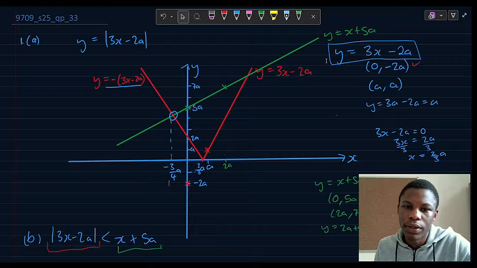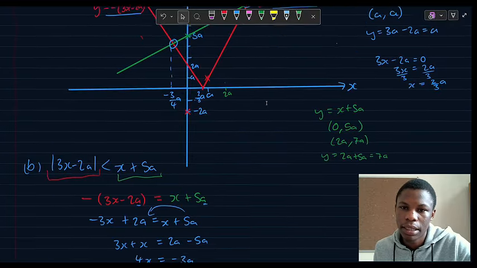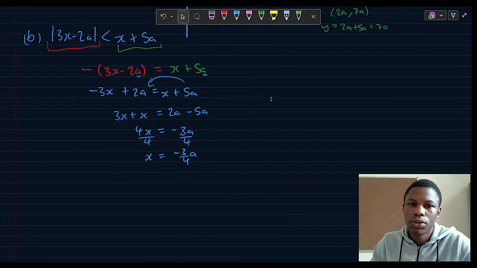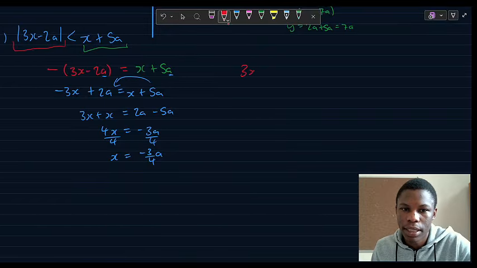Now we need to figure out what the x coordinate is at this point of intersection. So that's the intersection between y equals 3x minus 2a and again the green line. So we need to equate those two and solve them simultaneously. So that's the 3x minus 2a and the green line, x plus 5a.